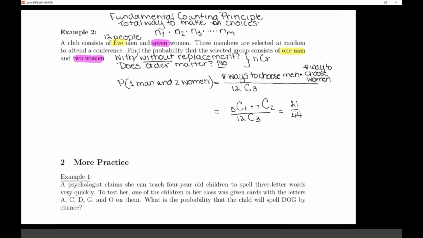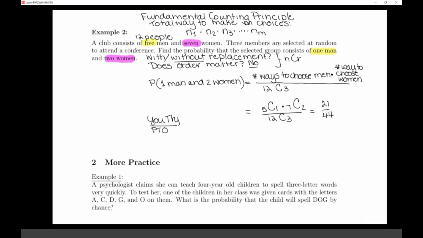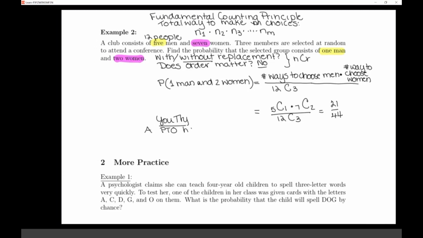How about you try one? I'll leave this one up here, and I'll write it here. You try. I don't know if they call them PTAs or PTOs here, but let's call it the PTO, Parent Teacher Organization. A PTO has 42 parents and 6 teachers.